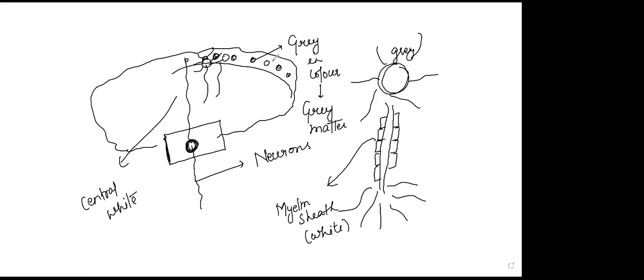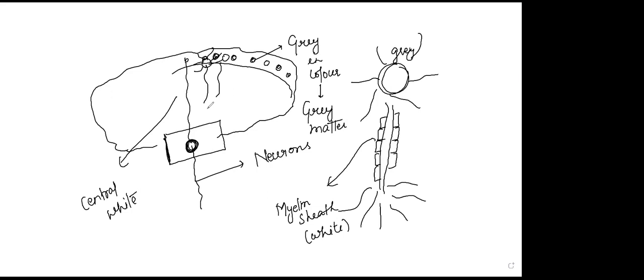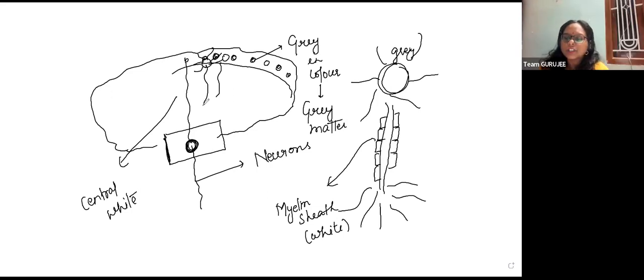And the middle will be the axon part, because it is taking the information and sometimes bringing it back. So always in the center you will see only the axon. That's why it is white in color. Aisha, you get the previous video and check it out. I have given the myelin sheath in detail.